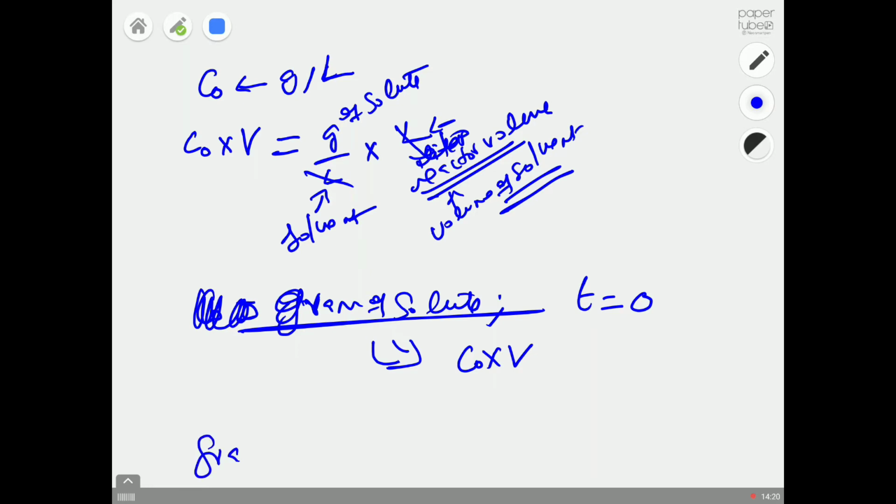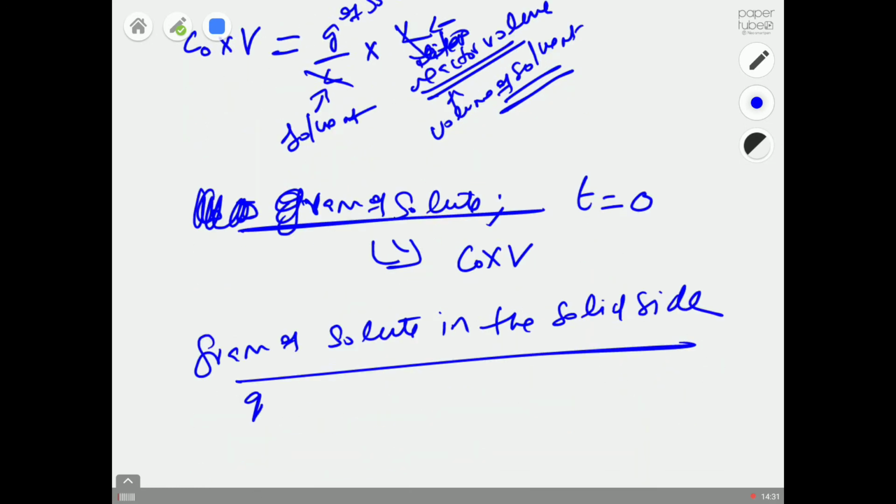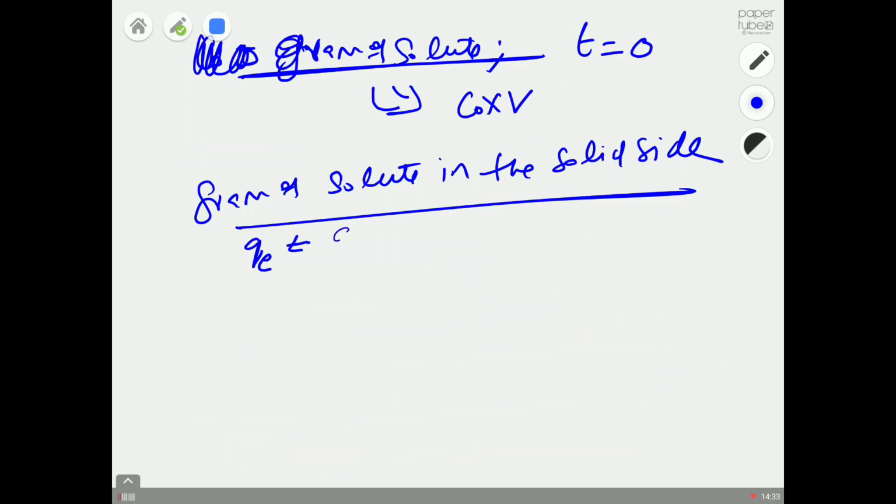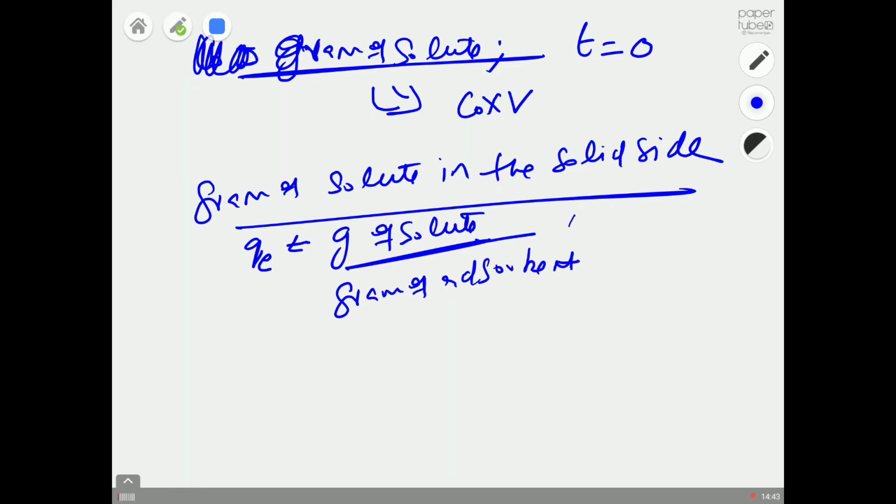And then grams of solute on the solid side. We know QE is expressed in terms of grams of solute divided by gram of adsorbent. You just multiply it by the mass of adsorbent that you added.